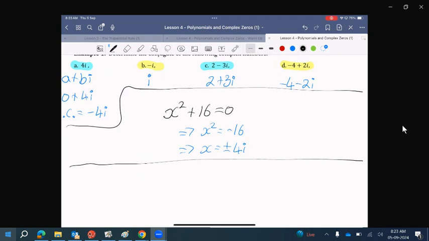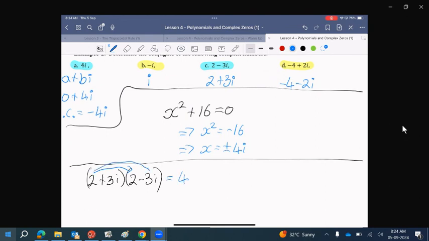The other skill you should practice is doing some arithmetic with these. Let's say, for instance, we have 2 plus 3i, which is the complex conjugate of 2 minus 3i. You need to be able to expand expressions of this type. It builds on FOIL. Using FOIL, we do 2 times 2, which gives us 4.